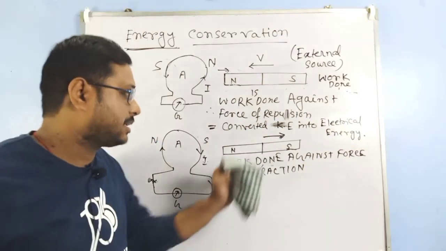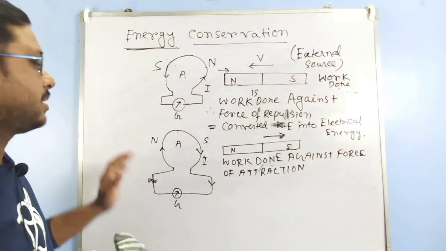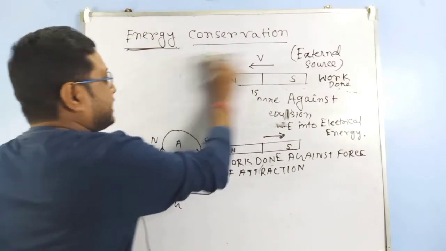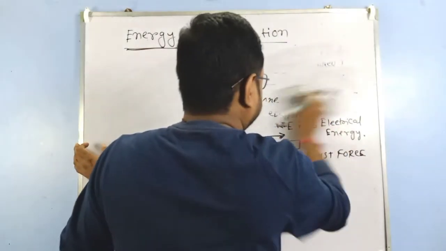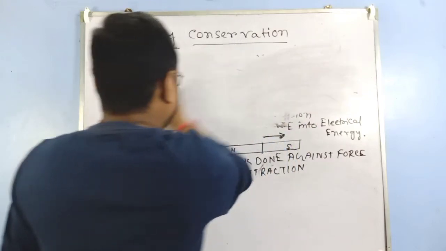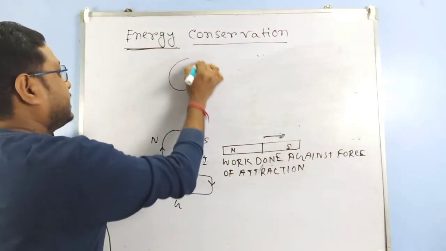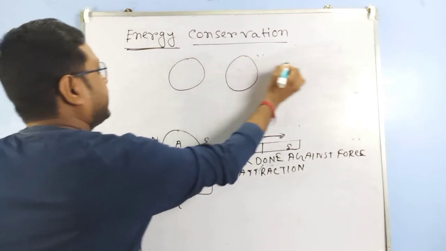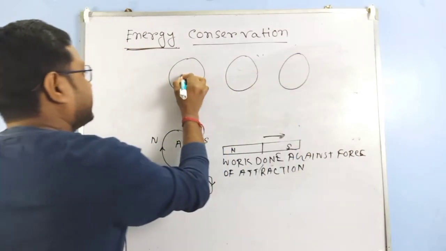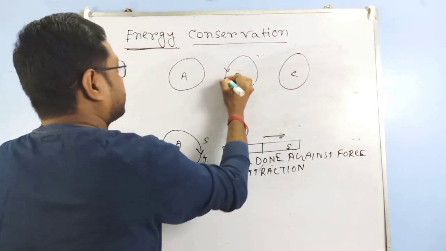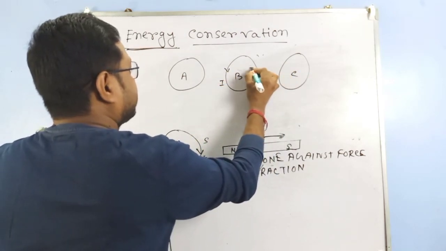I hope you understand the whole process. Now we go to answer the question. I said at the start of the video that three loops A, B and C are placed parallel to each other, and if current passes through B, then what will happen?